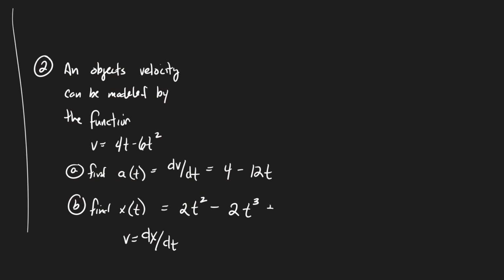But I also need to add a constant, since I don't know where the object began, to remind me that there was an initial position that I may or may not know. Okay? So we've done these before. If you don't remember these, you will need to practice because of what we're going to be doing today.